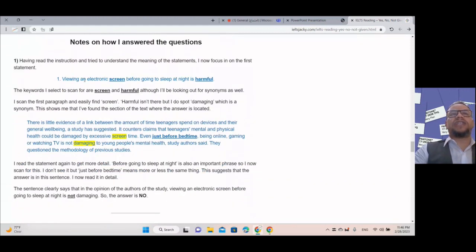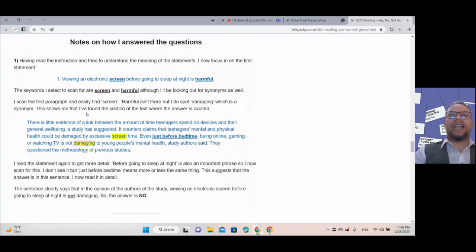Let's see that explained here. This is question 1, an electronic screen. I have the word screen and the word harmful. In paragraph 1, I have screen and I have damaging. When I read the keywords, I selected to scan for the words screen and harmful. I scanned the first paragraph and easily found screen. Harmful is not there, but I spotted damaging, a synonym for harmful.